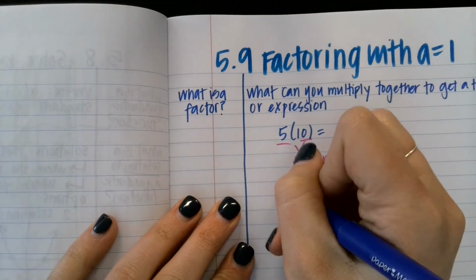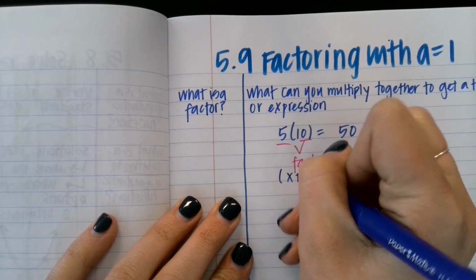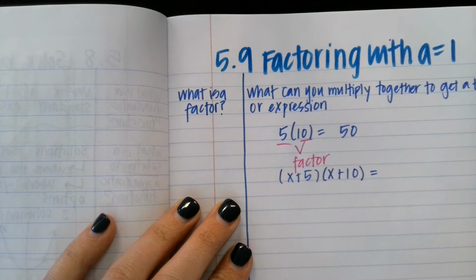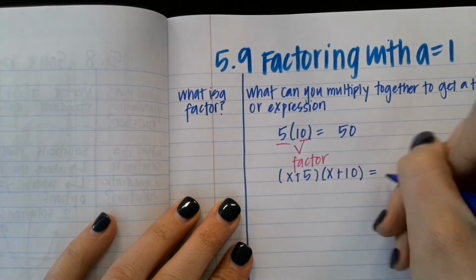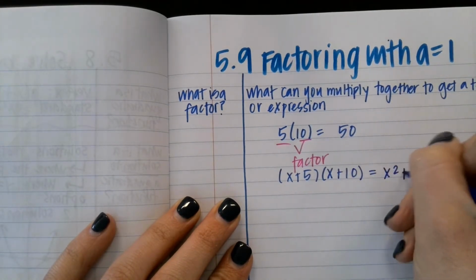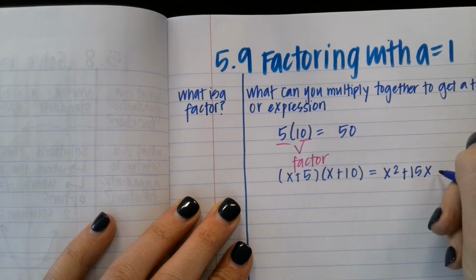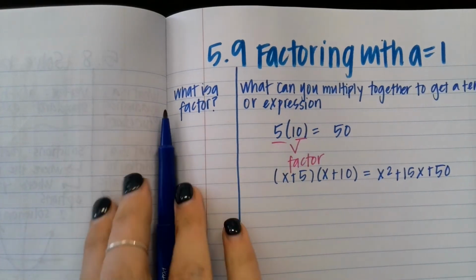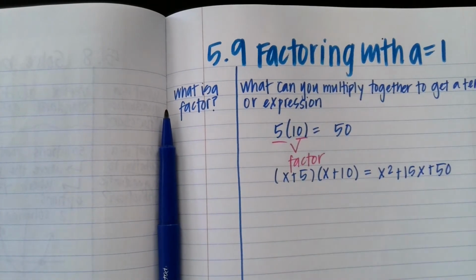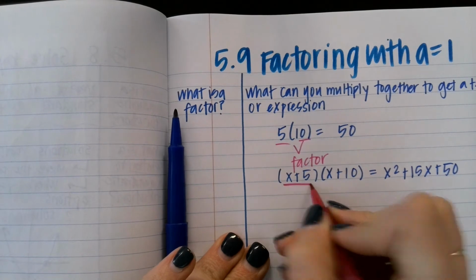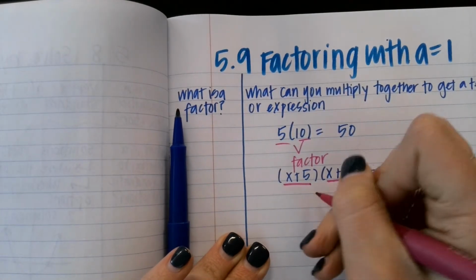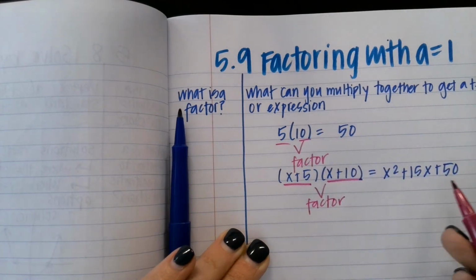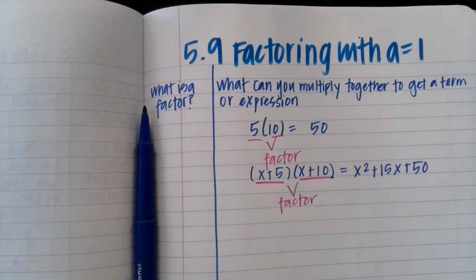In that same way, x plus 5 times x plus 10 equals, using the box method or using the FOIL method, I'll save us the time, x squared plus 15x plus 50. The two factors of this expression right here are x plus 5 and x plus 10, because these two things multiply together to equal this longer expression.